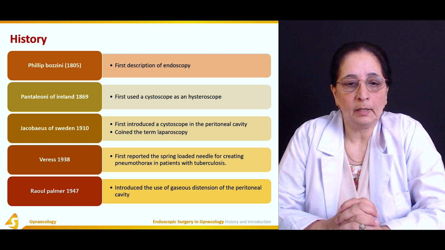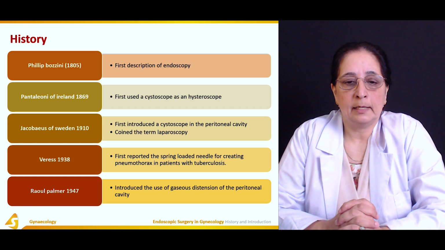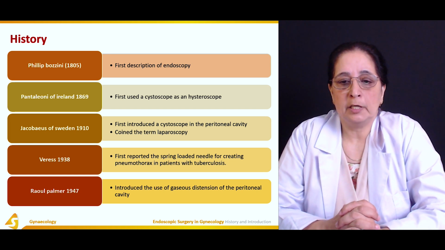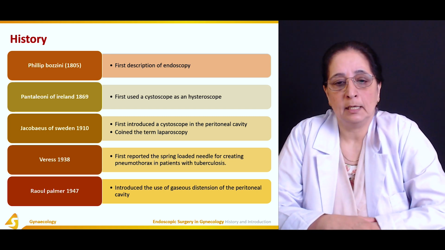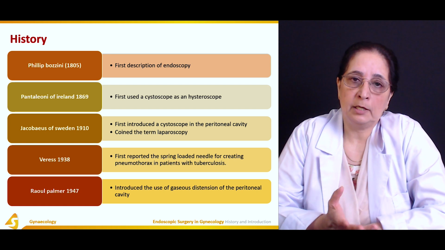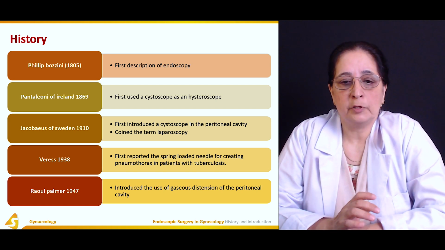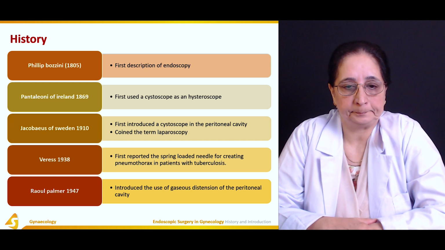Then Jacobius, from Sweden, in 1910 first introduced a cystoscope into the peritoneal cavity. So that was again used with the term laparoscope. So first in the peritoneal cavity, it started in 1910.